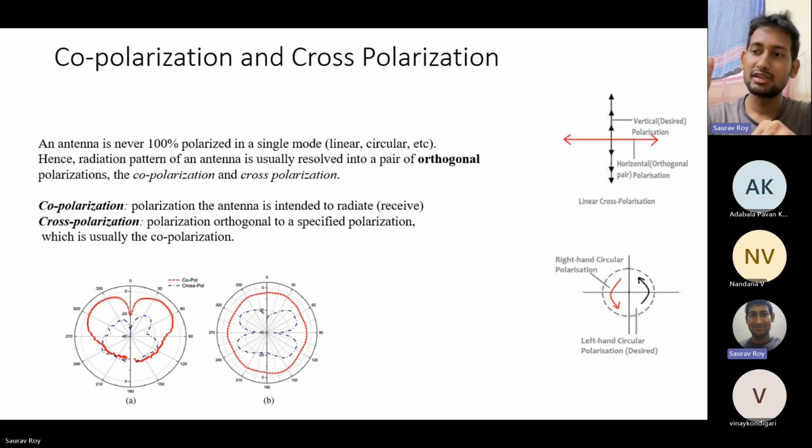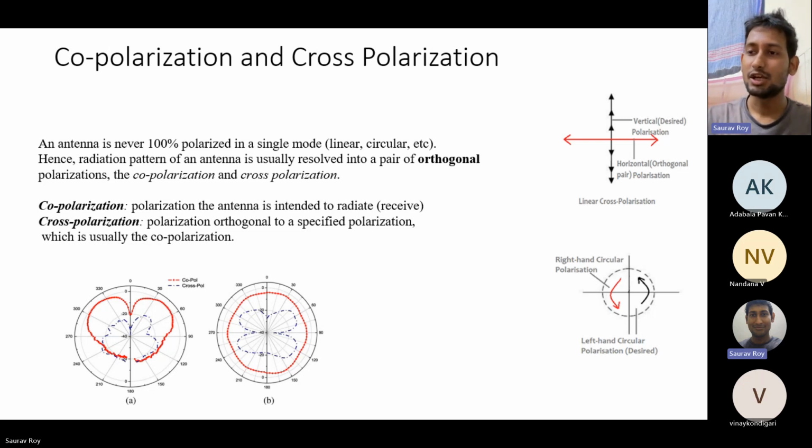Now how do co-polarization and cross polarization come about? This is our reference antenna, which is always fixed, and this is our actual test antenna that we have fabricated. Once we know the E plane and H plane, let's say this is the E plane of the reference antenna, and this is the E plane of our test antenna.